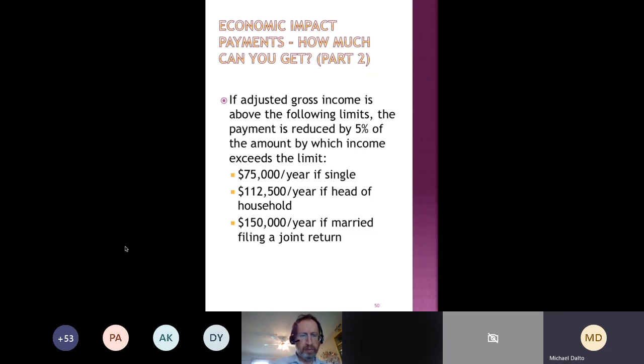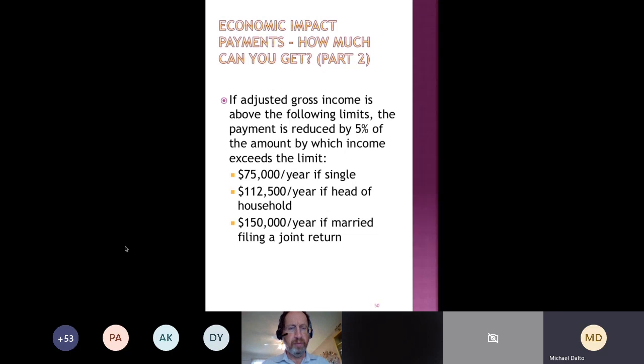Now, if their income is above these limits, then they could still get a payment, but it'll be reduced. It's going to be reduced by 5% of the amount by which their income exceeds the limit. So let's go through an example of that. Let's say a single person with no dependents, instead of only earning $75,000 a year, has taxable income of $85,000 a year.